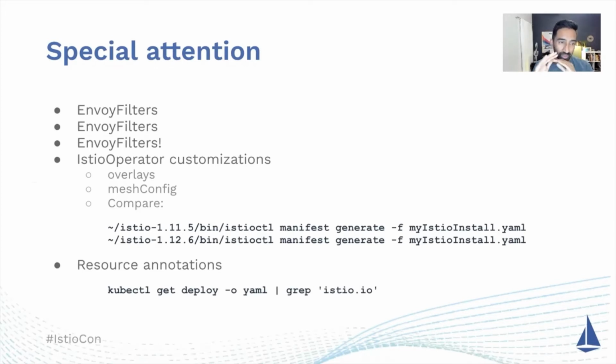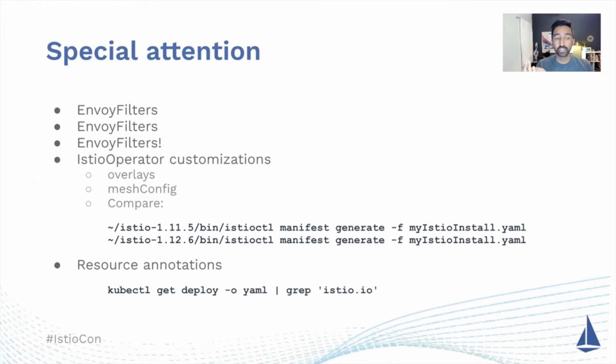They should be avoided if you can. There's layering to them that depends on other things being in place ahead of time, or they're just too tied to the underlying Envoy API, which can get you in trouble as you upgrade Istio. So whenever you upgrade Istio, make sure you test all your Envoy filters in a dev cluster.